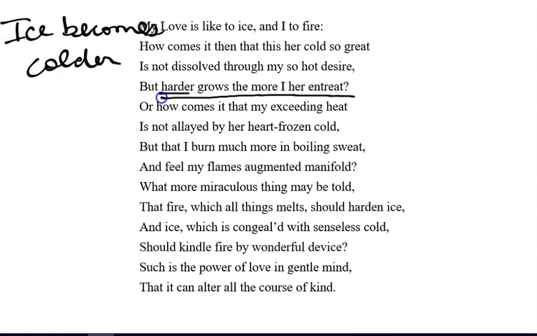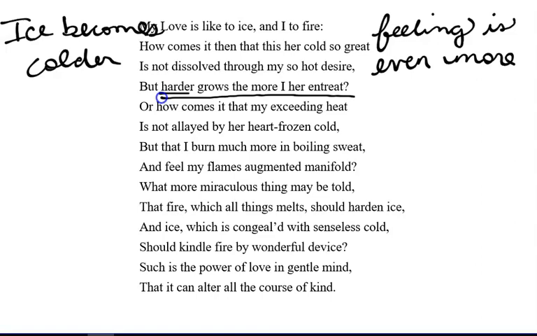What he's talking about is my desire for her means that her feelings are even more of dislike. Okay, so her feeling is even more dislike towards him. So whenever he says that the ice grows harder, he means that her dislike grows even more.